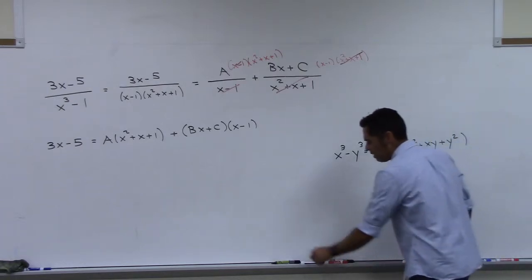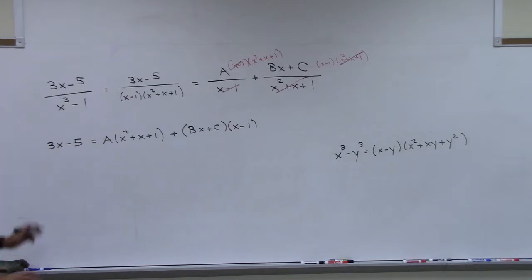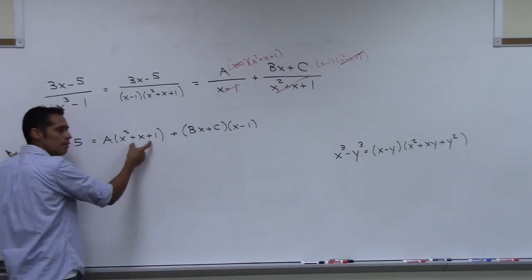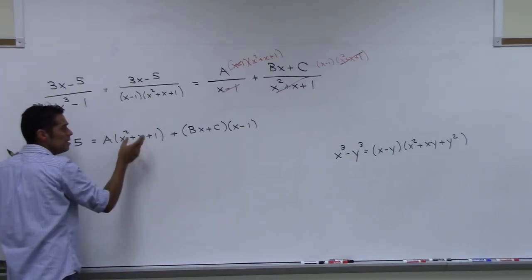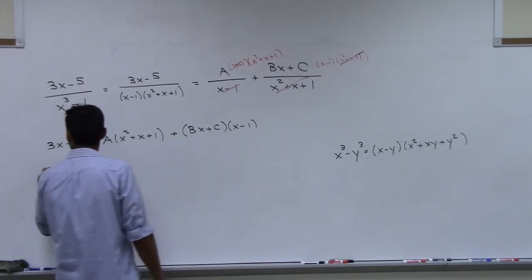All right, sorry folks, but there is no killing off of A. Not going to happen. You can't kill off A because this is an irreducible quadratic. There is no number you can plug in here and get 0. If there was, then it would have factored up here. So we can't. So we're going to do the long method. But I'm doing the long method a lot faster than I did last time. So watch.